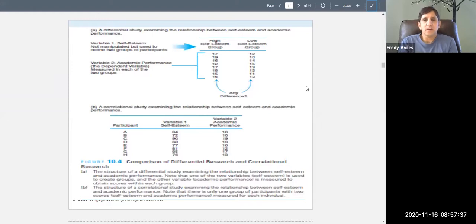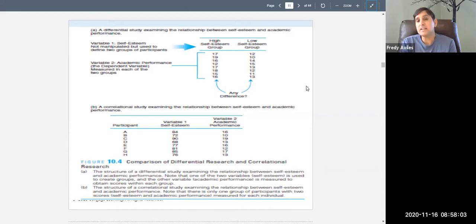So with a differential research design, that's what's being depicted at the top. You have the high self-esteem group and the low self-esteem group. Then you could measure their academic performance. You can check the academic performance of your high self-esteem group and of your low self-esteem group.